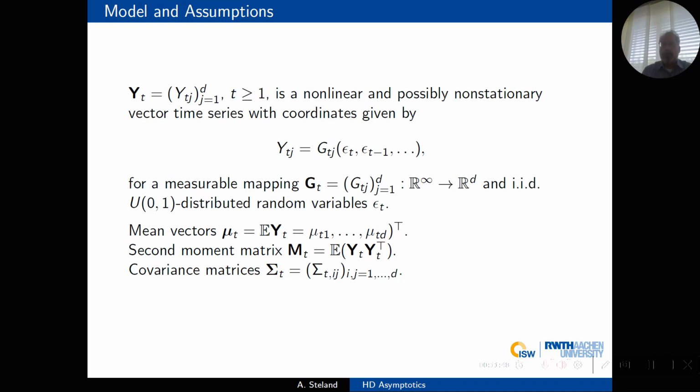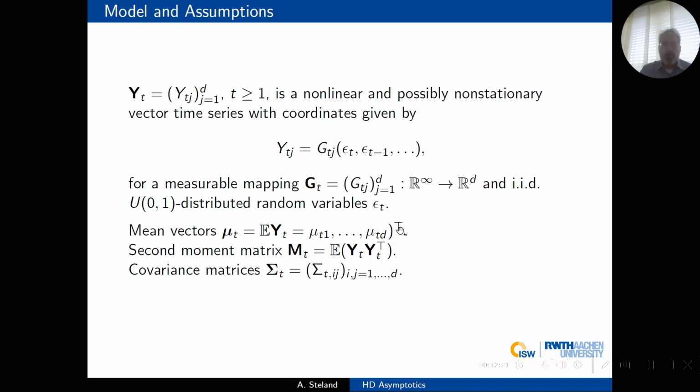For example, if you want a model for p-variate innovations, as in a multiple linear process framework, you can derive these distributions of the p-dimensional innovations from uniformly distributed random seeds. So it is not a restriction to assume that these epsilon t's are univariate, IID uniformly distributed.